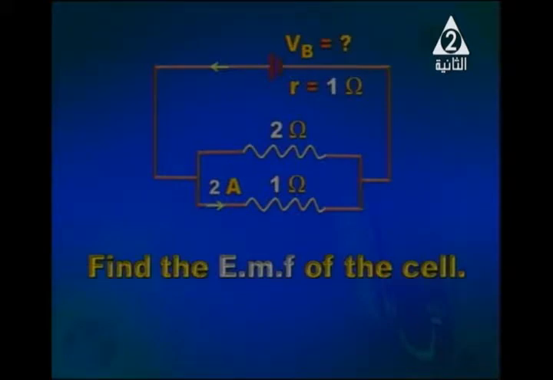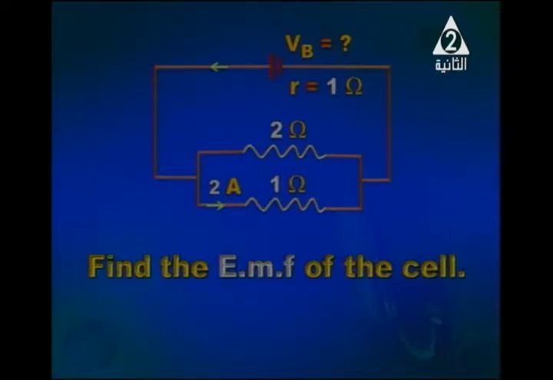Okay. We've got two resistors connected in parallel. So the potential difference across them is the same. Potential difference across the 1 ohm resistor can be calculated. It's all easy. We know the value of the resistance, 1 ohm, and the current through it, 2 amperes. So voltage across the 1 ohm resistor is 2 volt.